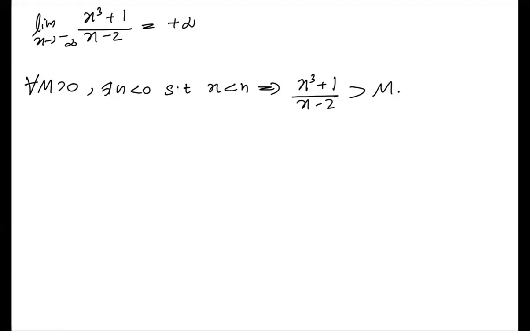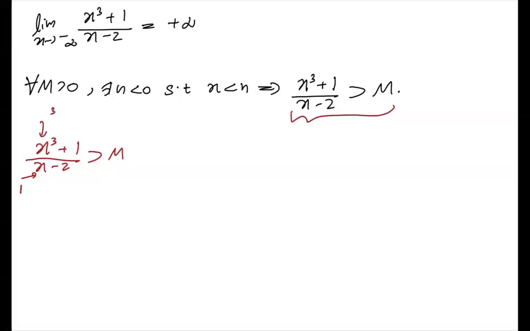Then what we can do, first we consider this part. Start with the rough work. I can take x cubed plus 1 divided by x minus 2 greater than m. This is my rough work. I have x at two places, so I divide both the denominator and numerator by the highest power of the denominator.